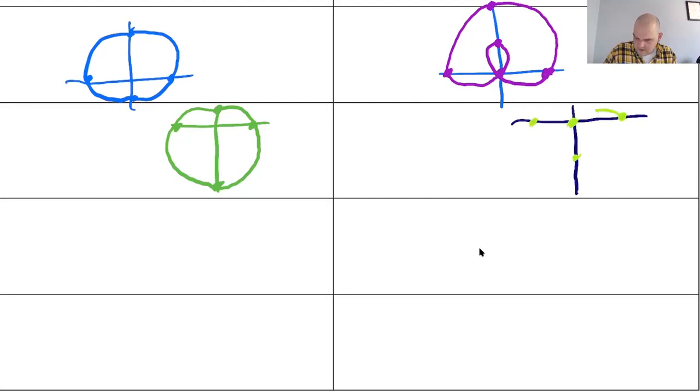It's going to be like this, this, and there's a point way down here that I forgot to do, and then up here. So it's 1, 2, 3, 4, 5, 6, and then 7 to finish.